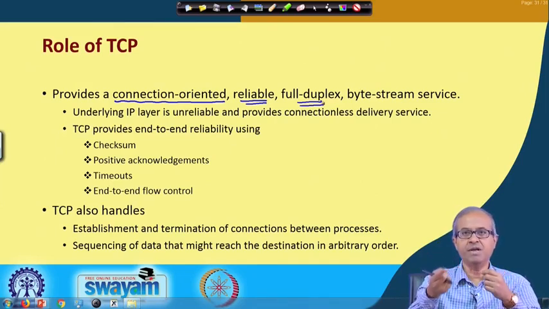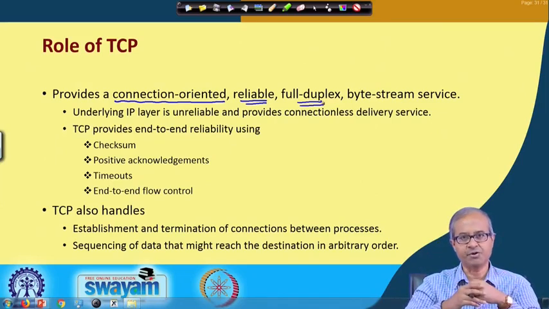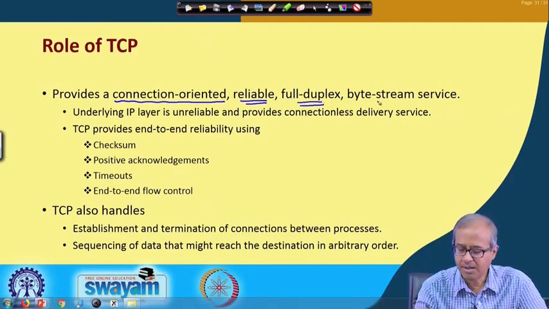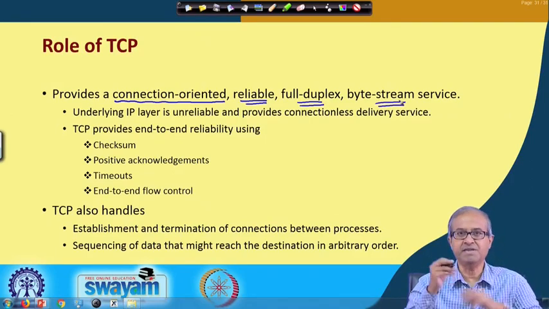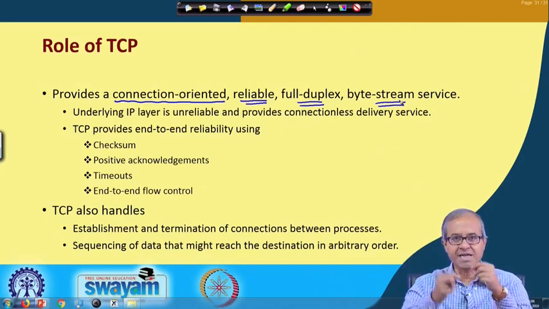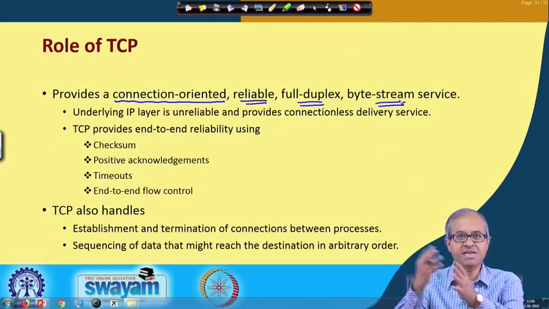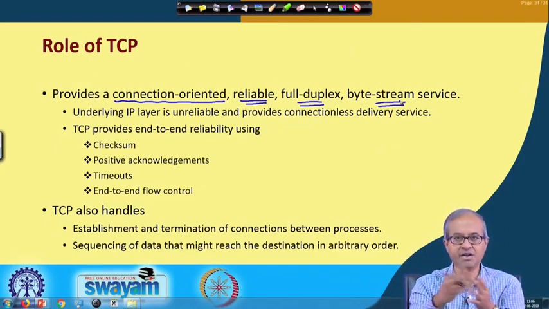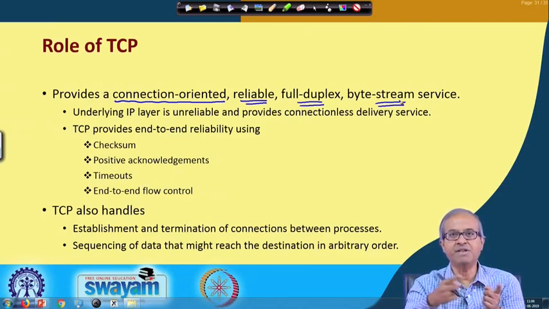Full duplex means it is a two-way communication. A can send to B, B is also sending some data back to A. So, it is not a one-way communication. Byte stream service means whenever some message is being transmitted, both the sender and receiver keep track of how much data has been sent and how much data is yet to be sent in terms of the number of bytes.